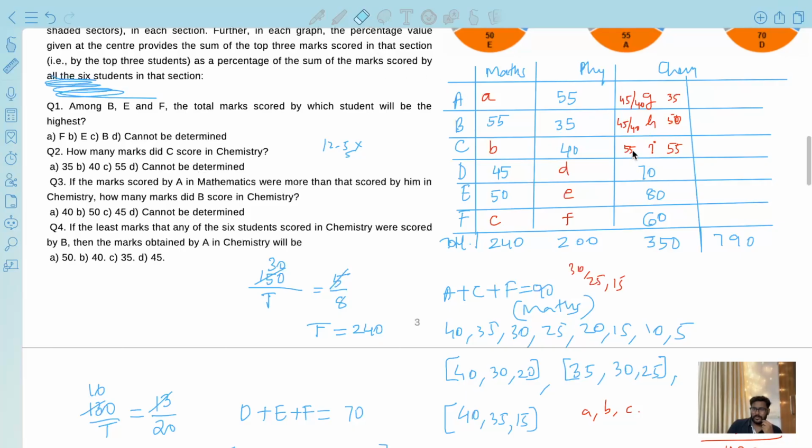So just fixed. 40, 40, yeah, it will not work.